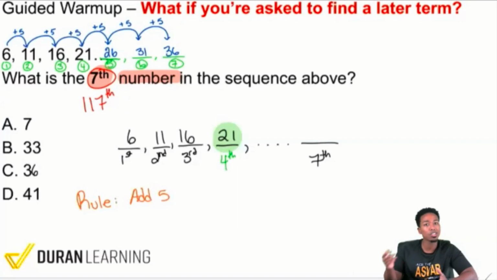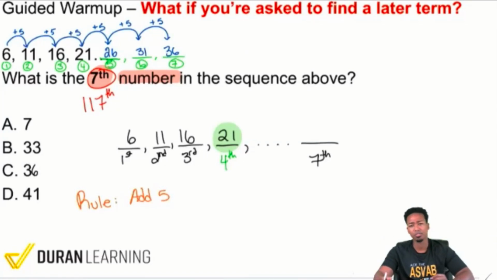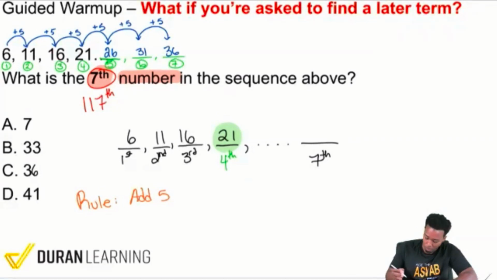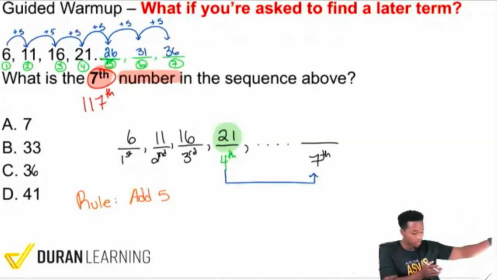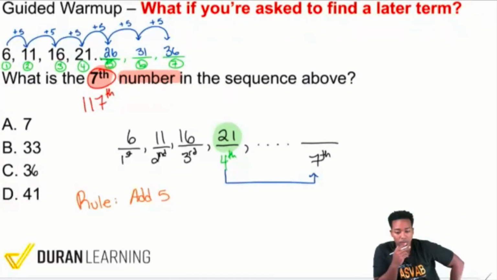And so we said that the rule was adding 5. So everybody, how far do we have from the fourth to the 7th term? How many terms do we go from the 4th to the 7th? Right, there are 3 in between.